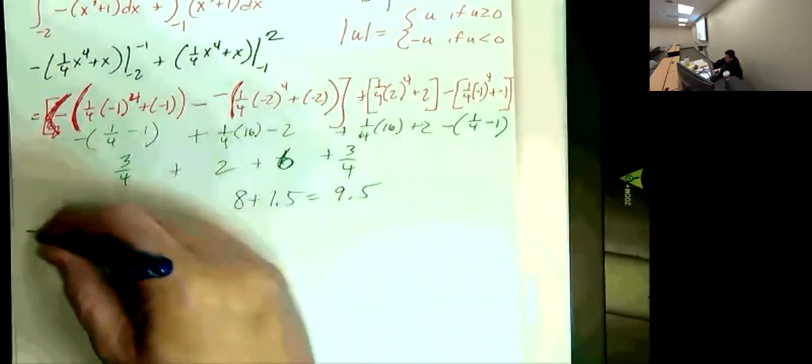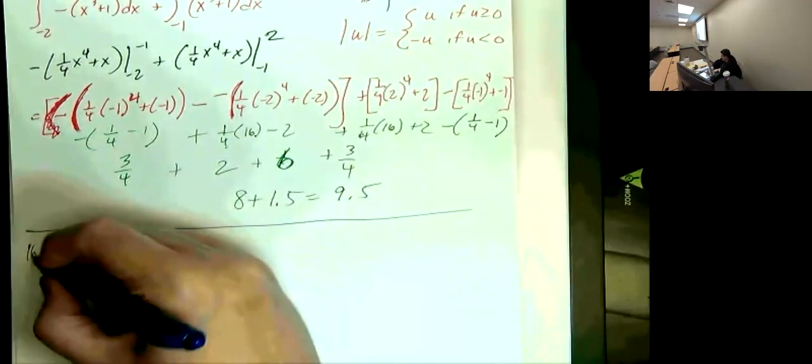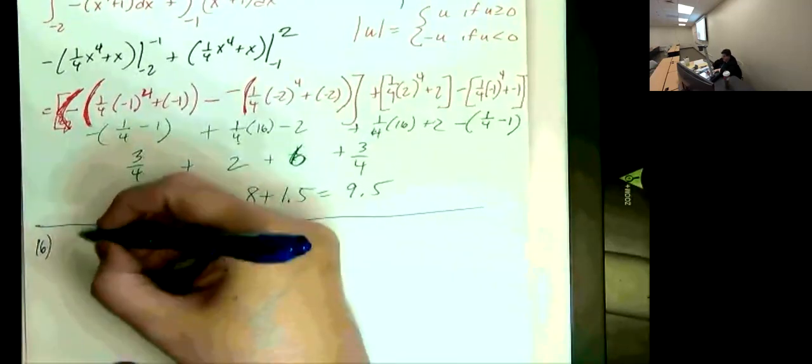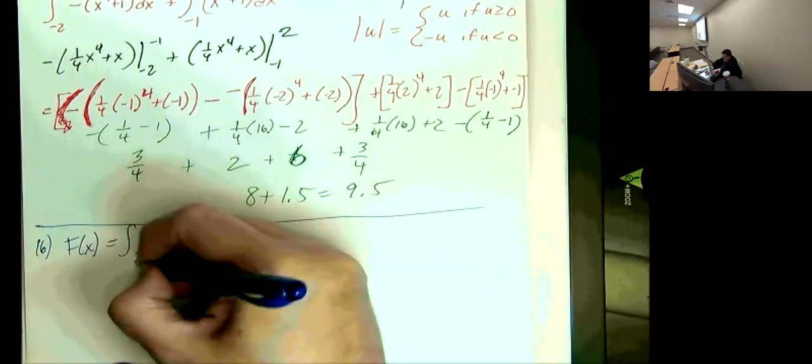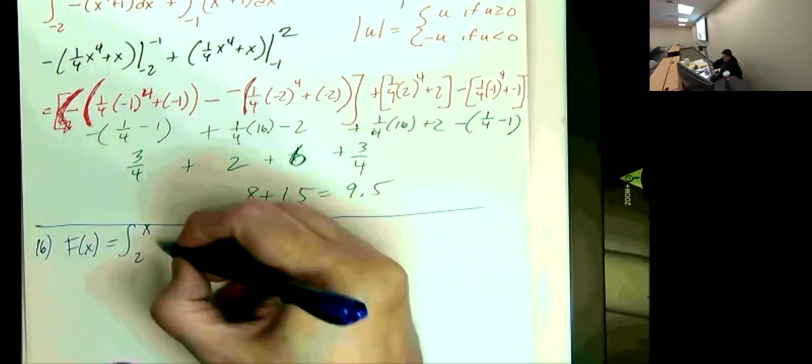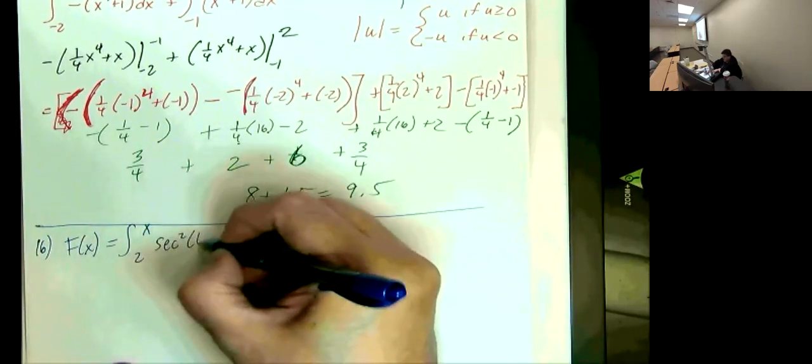Number 16. F of x equals the integral from 2 to x of secant squared t dt.